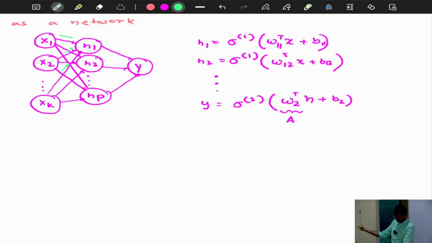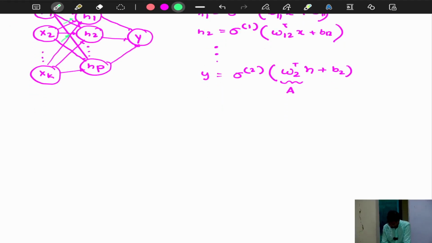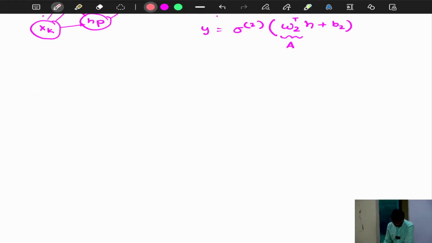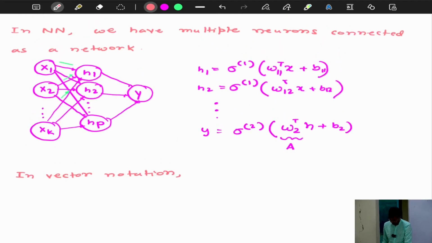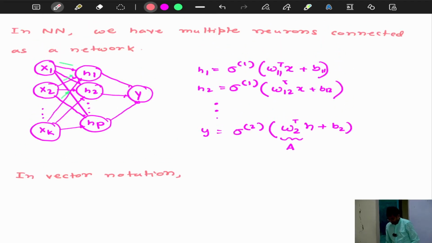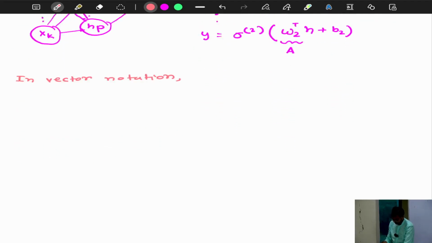If I write it in vector form, how will it look? In vector notation, you will have, so now you see, this h I will write as h.